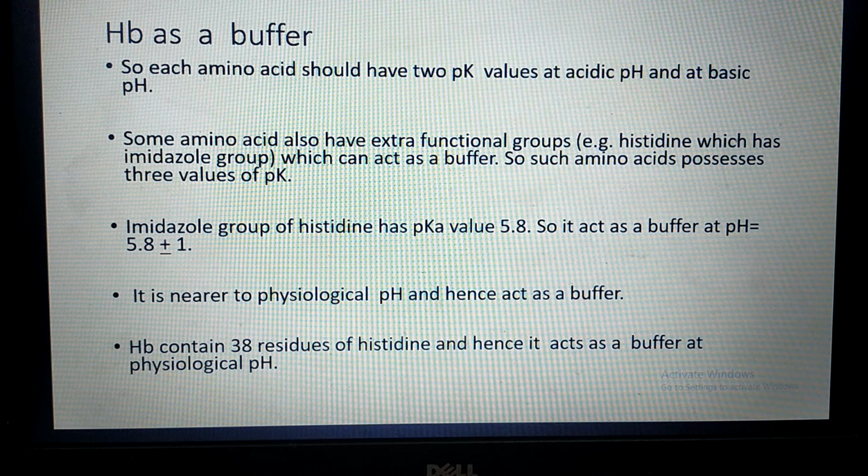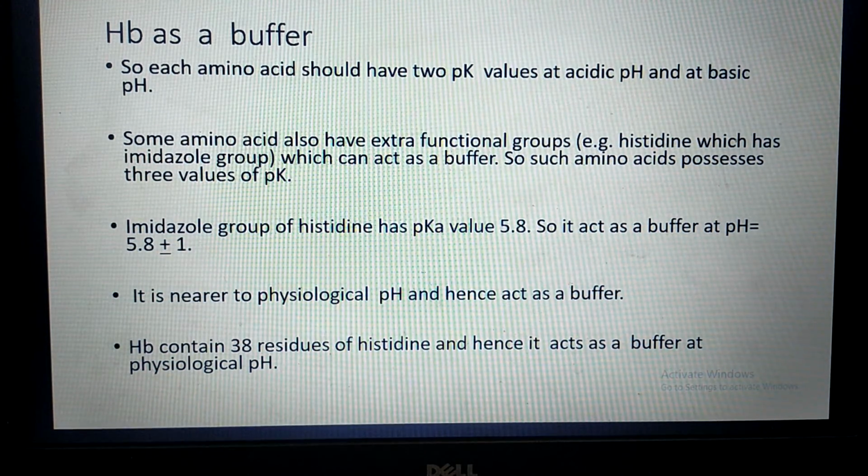The pK value of the imidazole group of histidine is nearer to our physiological pH of blood, that is 7.4. Hence, at physiological pH, only the imidazole group of histidine acts as a buffer. Other amino acids have pK values away from the physiological pH of the body.